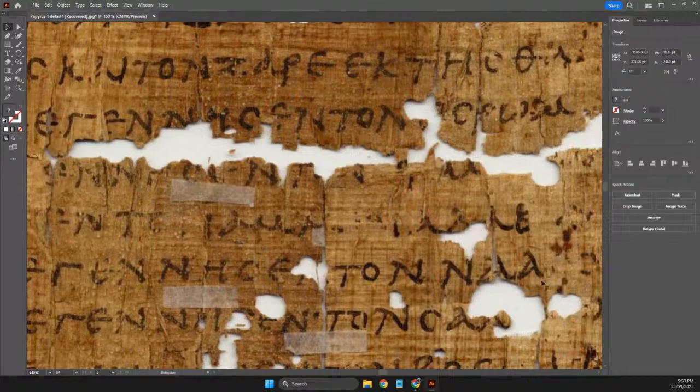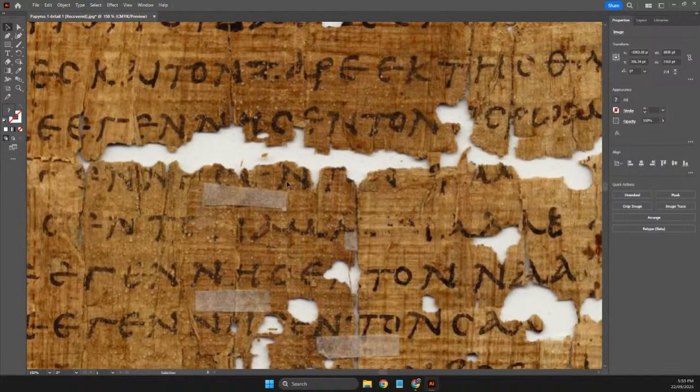Ton Aram. Okay, so Egenesen. So you can tell that's a tau there, and perhaps an omicron, but it is missing there. A nu, and then Aram.